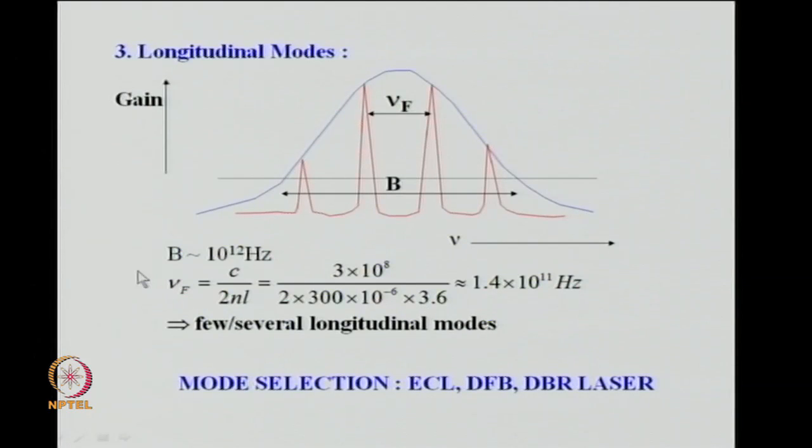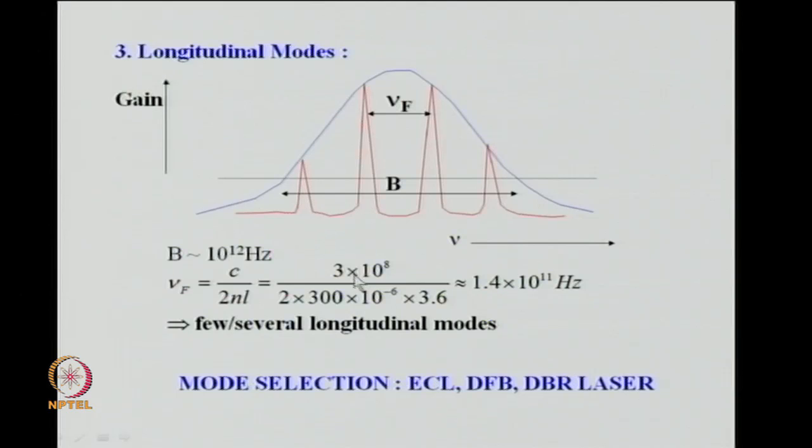The typical bandwidth is 10 to the power of 12 to 10 to the power of 13 hertz for semiconductor lasers. The nu f, which is the free spectral range, is the frequency separation between two adjacent longitudinal modes. I think we have a slide later which explains it more.